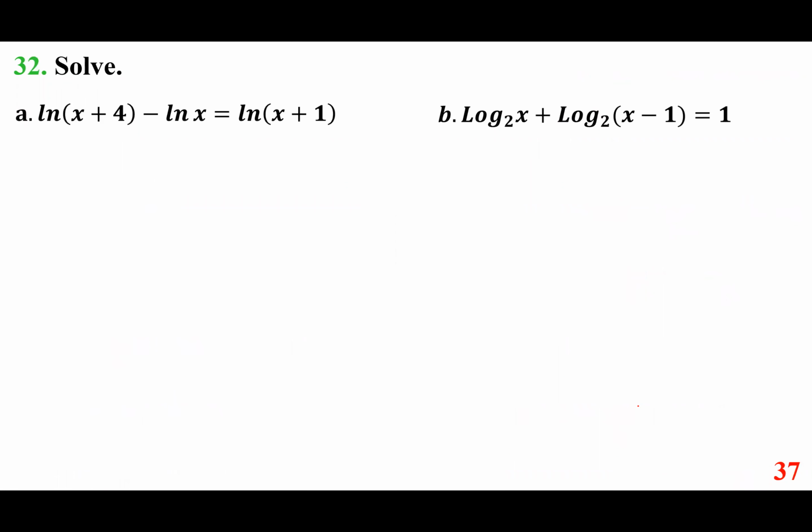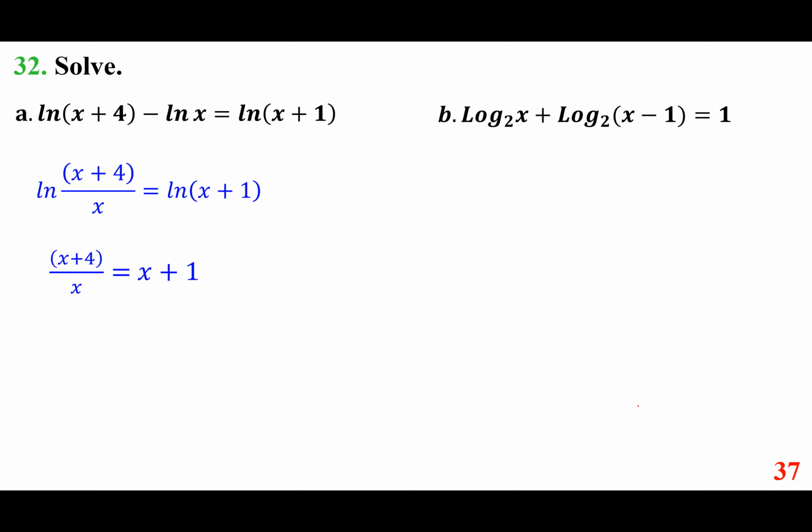Again, the very first question, all of them are logs and nothing else. We don't move anything. We make the left side into a single log. The quotient rule, ln of x plus 4 over x. But the right side, we don't touch it. They have the same base, namely e. They must have the same argument, therefore.